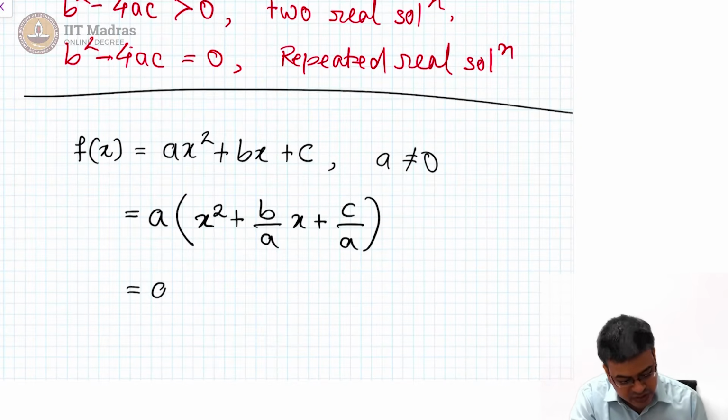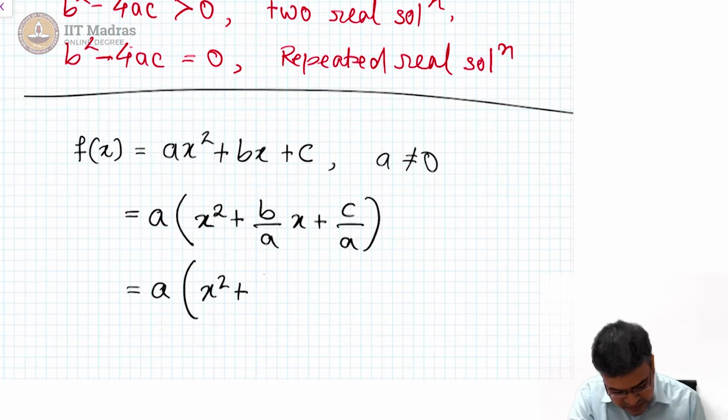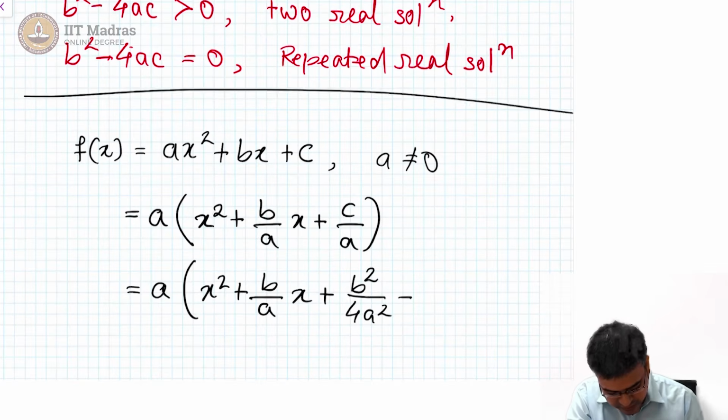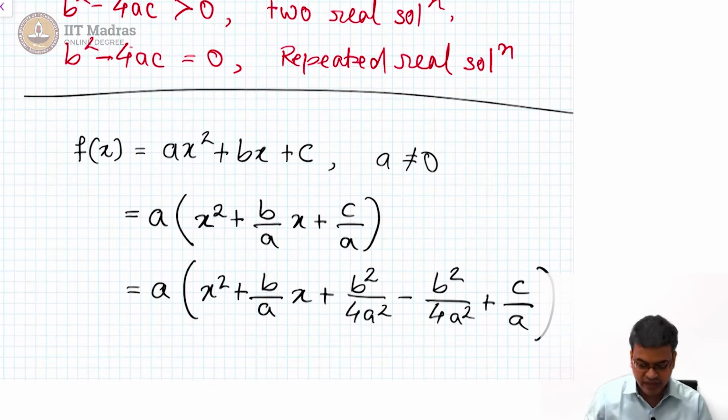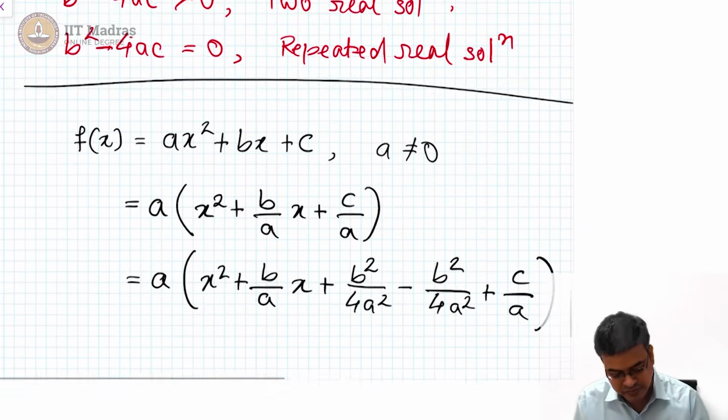Again, use the logic of completing the square. What does completing the square give you? x square plus b by a x, then b square by 4a square minus b square by 4a square, plus c by a. You can pause the video, go back and see the calculations again. I am not doing anything extravagant, I am just adding and subtracting the same term, a valid operation.